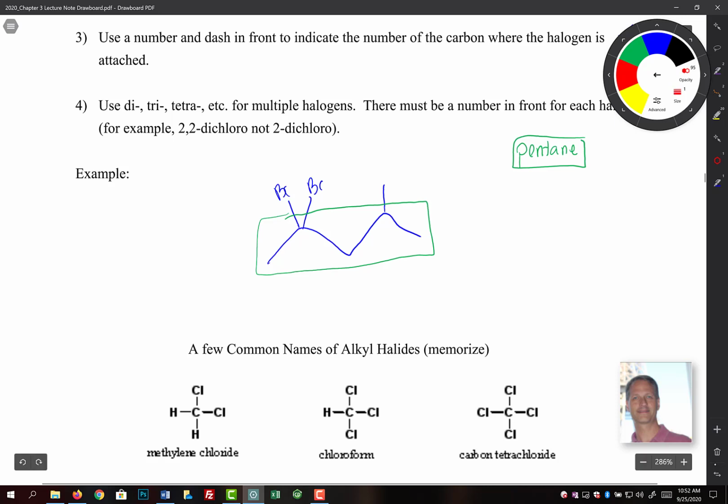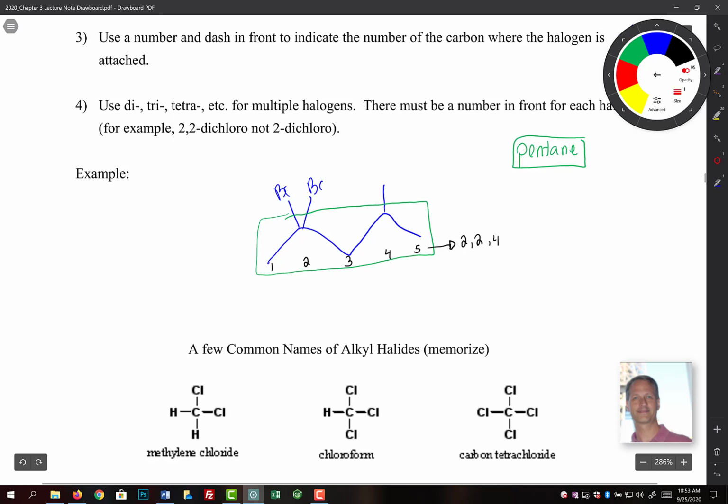Now the question is, where do we number from? So we could number this 2 ways. This could be 1, 2, 3, 4, 5. Now with that numbering, it would give us a 2 and another 2 and a 4.